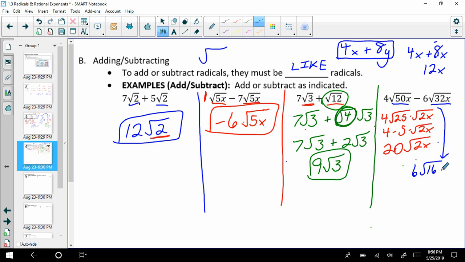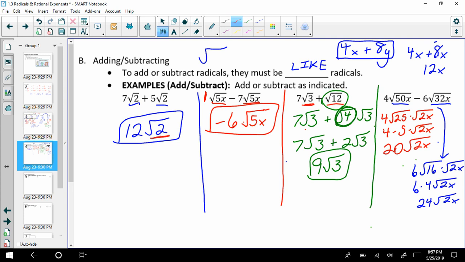So I'm going to think of the 32 as 16 times 2. 16 times 2 is 32. So if I focus on the perfect square of 16, that becomes 4. And then I still have the 2x. I can multiply, and I get 24 square root 2x.